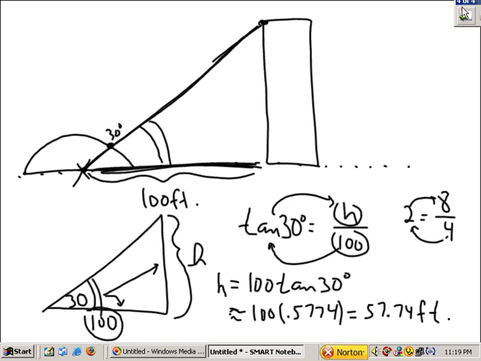Now, if they didn't give us the length from some point on the ground to the building, we need to measure off some distance. I would measure off enough so it's 45 degrees. The problem is maybe the building is really, really tall.